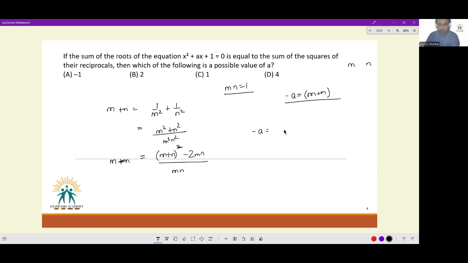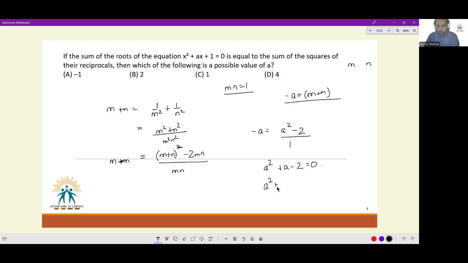Minus a is equal to minus a square, which is a square only, minus 2, or whole thing divided by 1. Or a square plus a minus 2 is equal to 0.